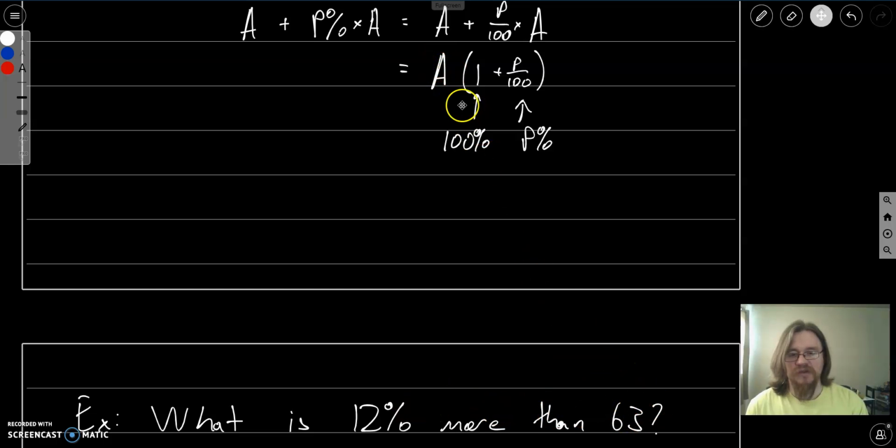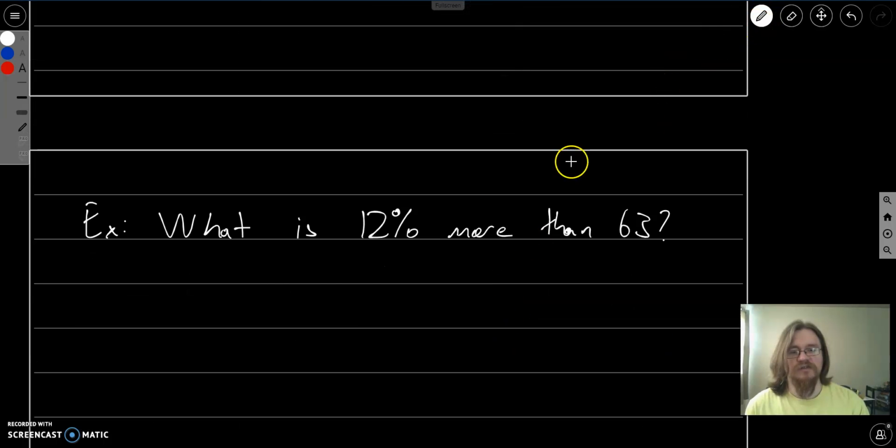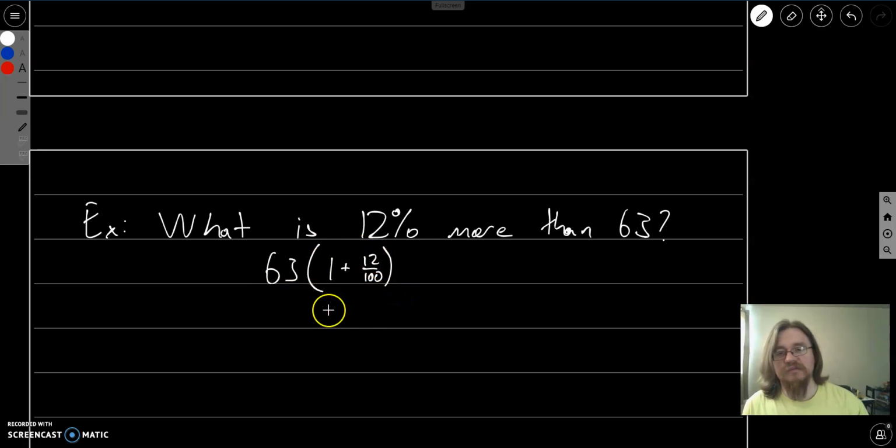We want 12% more than 63, so a is going to be 63, and this 12%, that's going to be p% here. So what I want to do is take 63 and increase it a little bit more. We're going to take 100% of it plus a little bit more. Cool. So what we can do is start plugging some things into a calculator.